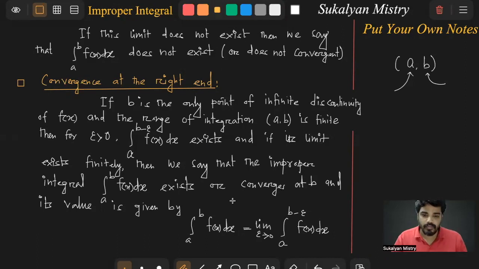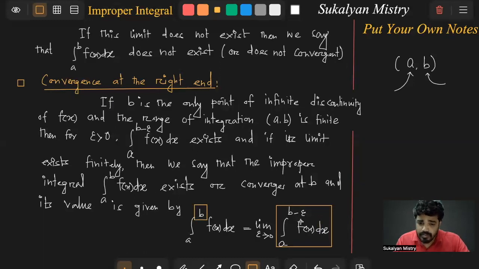Okay. So just see, if the improper integration a to b f(x) dx has infinite discontinuity at the right end at b, then we have to calculate integration a to b minus epsilon f(x). If the limit of this integral exists, then we say that this improper integral converges. Otherwise it is said to be divergent.